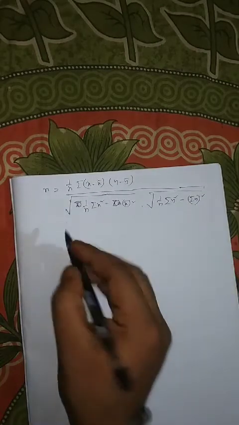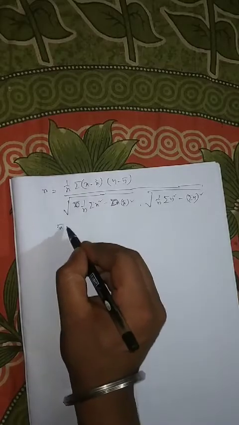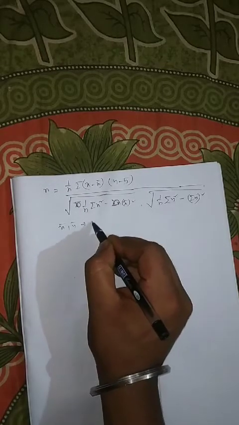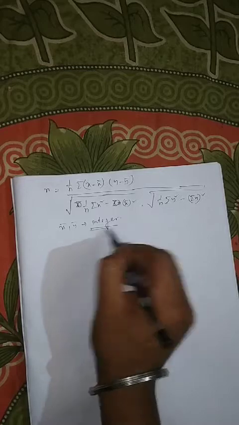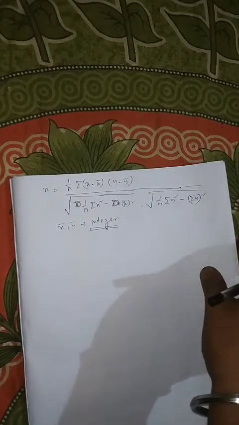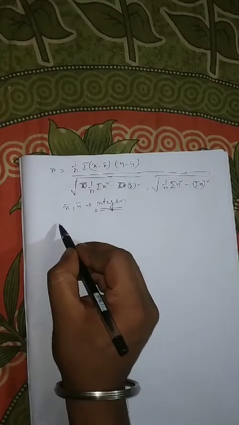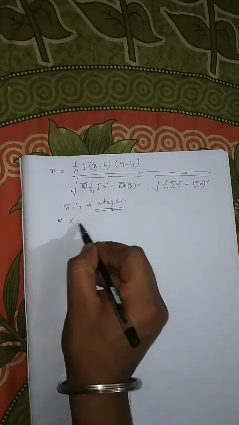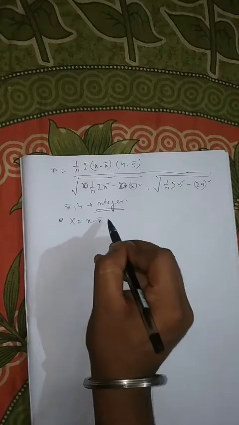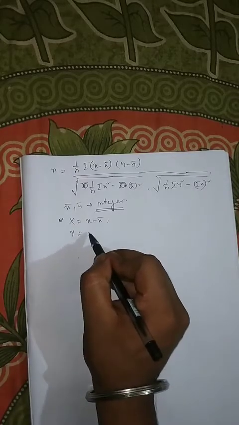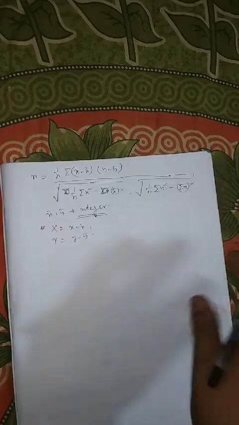Now if x bar and y bar are integers, meaning whole numbers, then we can take a variation: capital X equals x minus x bar and capital Y equals y minus y bar.